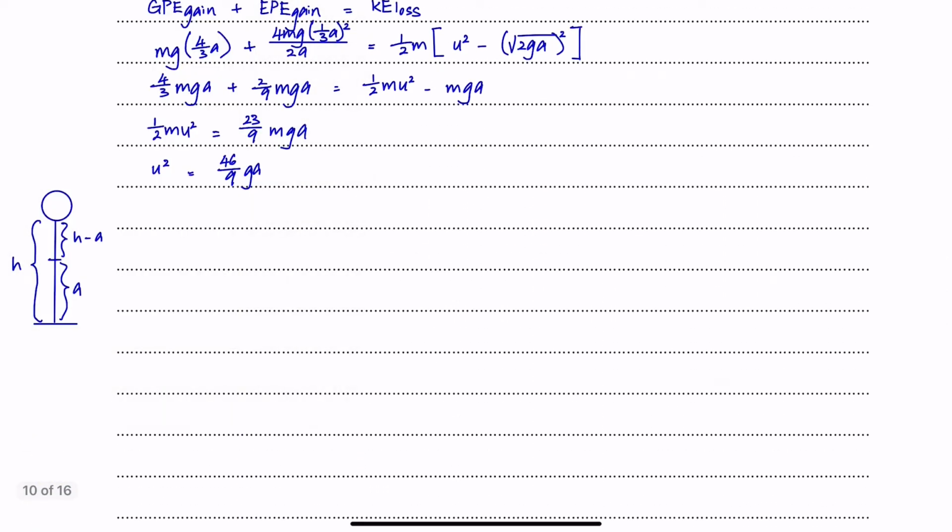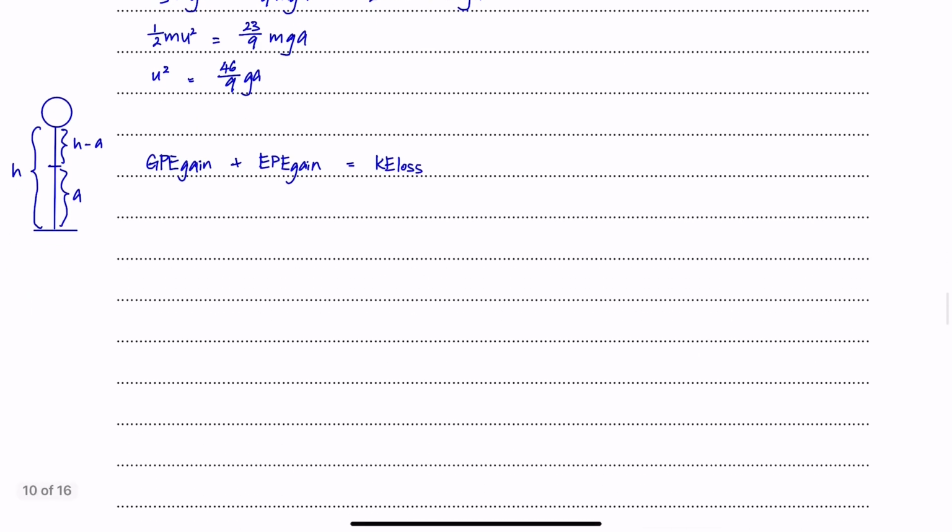So we have our GPE gain plus EPE gain equal to the KE loss. So GPE gain would be the same thing, mgh, plus the elastic potential energy, which is actually 4mg times (h minus a) squared over 2a.